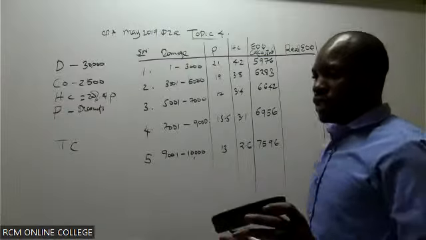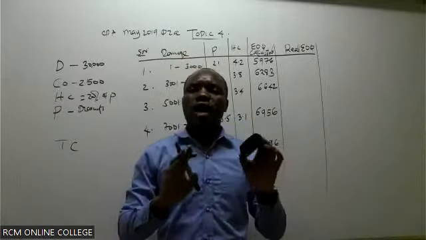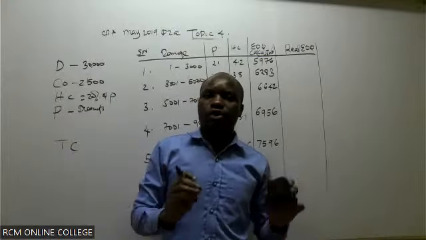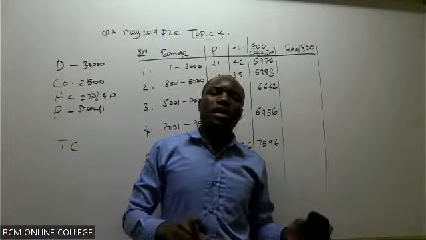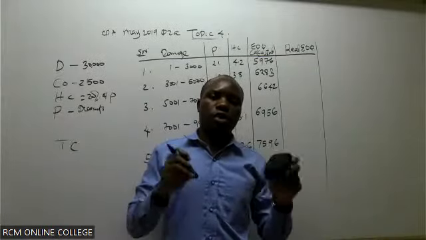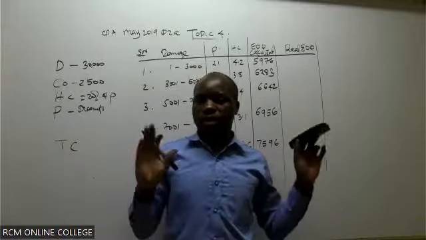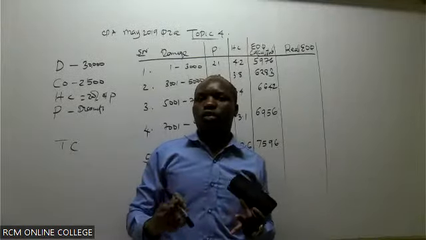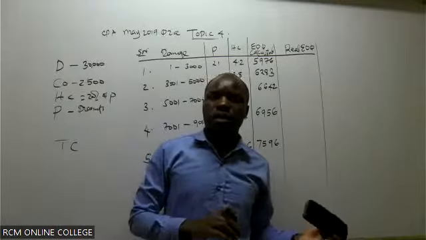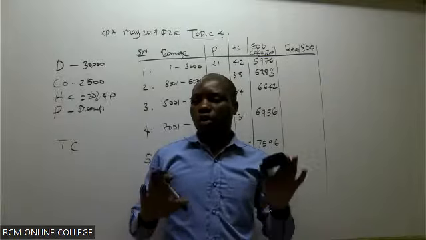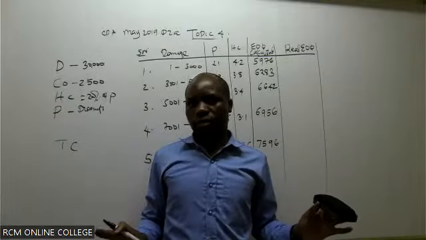The economic order quantity here, you should not order anything below the calculated economic order quantity, but you are allowed to order above the economic order quantity. That is the rule. Don't order anything below the economic order quantity, but you are allowed to order goods above the economic order quantity. That is what we have.